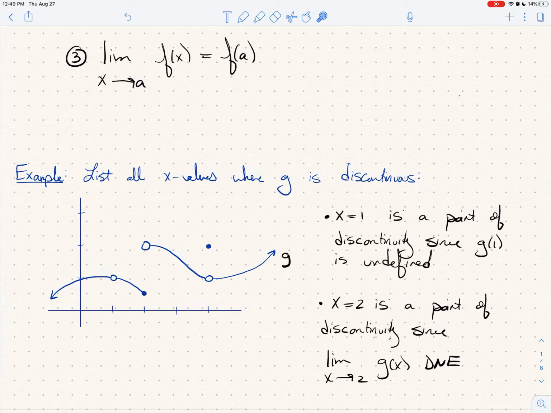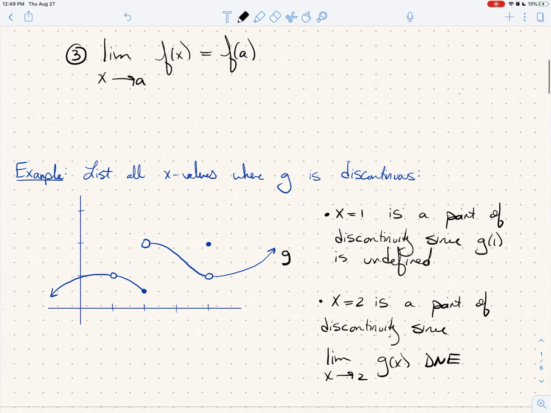And then finally, let's look out here at x equals 4. What's up with 4? Well, here the function is defined. G of 4 is 2. The limit exists. The limit as x goes to 4 is this y value of 1. But the limit and the value of the function are not equal.